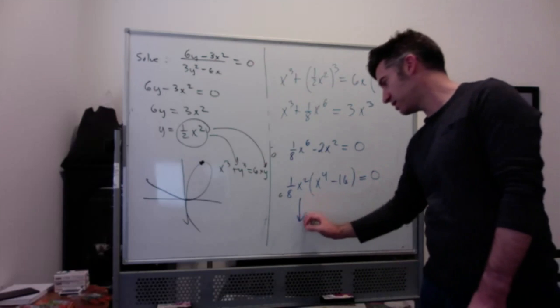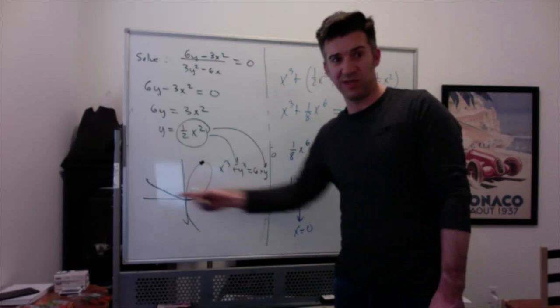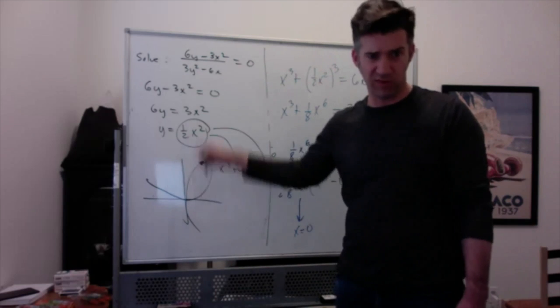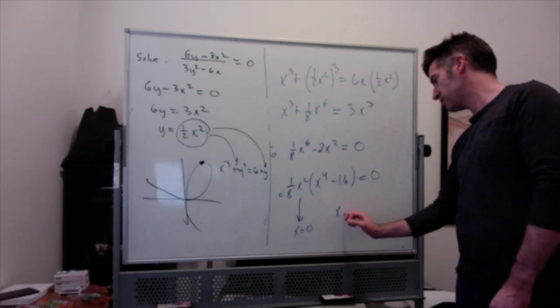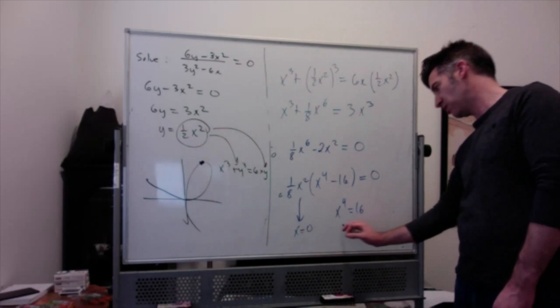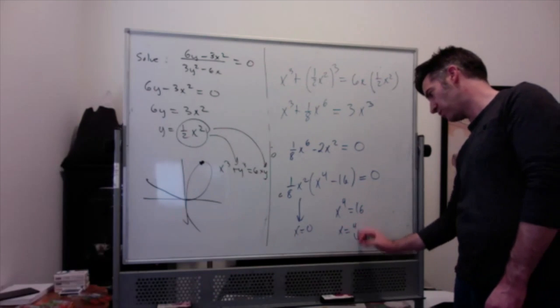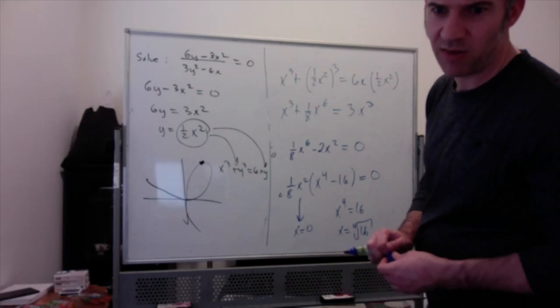So either x is 0, which is actually this point here where there's a horizontal tangent line as well. There's also a vertical tangent line there, which is weird. Or x to the fourth minus 16 equals 0, which means x to the fourth equals 16, or x equals the fourth root 16. I feel like I made a crazy mistake here.